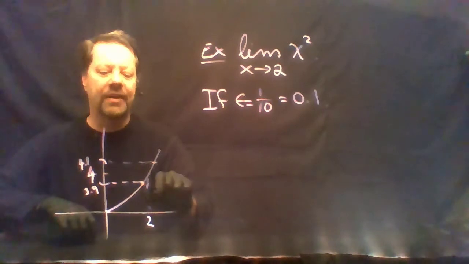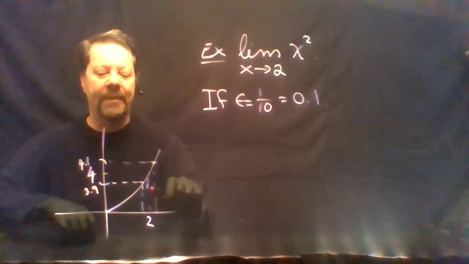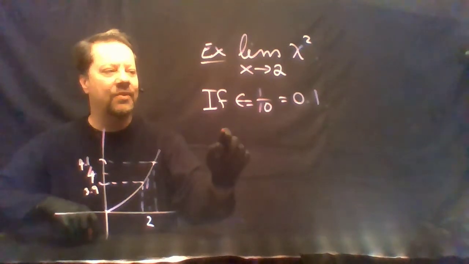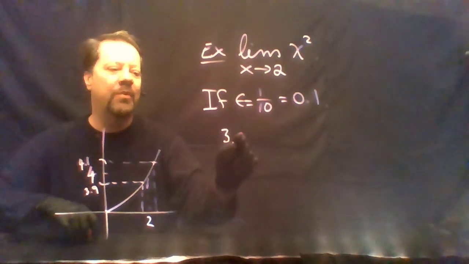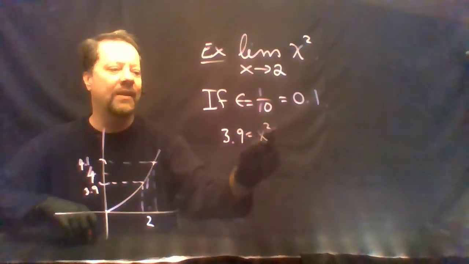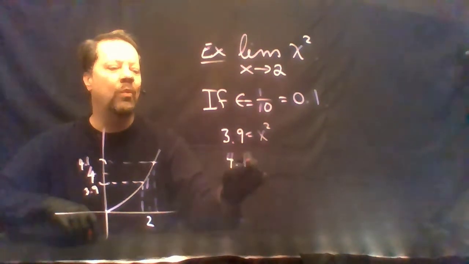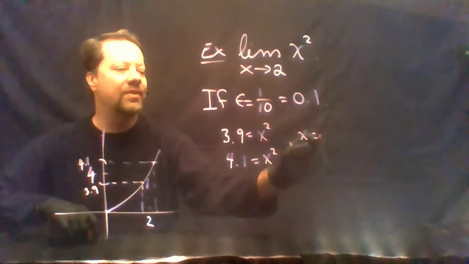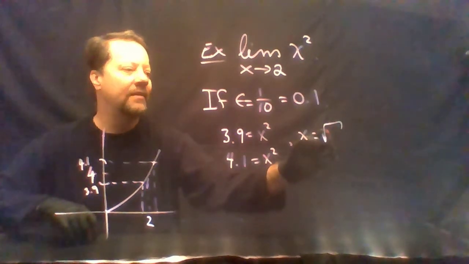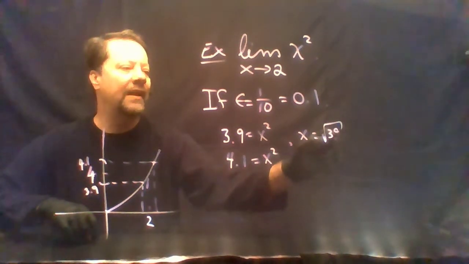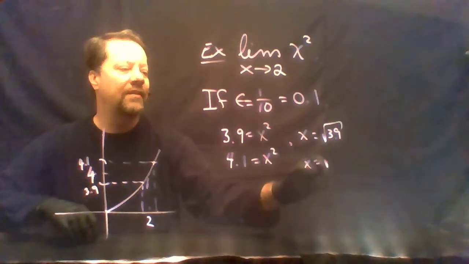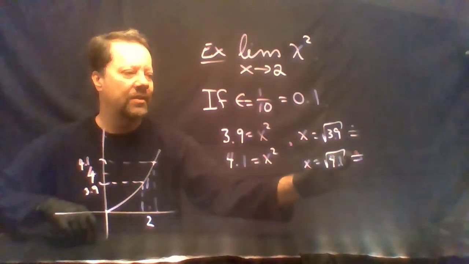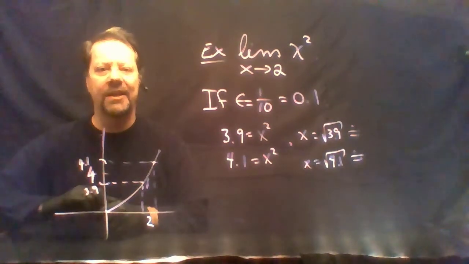Where do those track back in the domain, and how small does delta have to be now? So I need to solve the equations 3.9 equals x squared and 4.1 equals x squared. You can see x is going to be somewhere between the square root of 3.9 and the square root of 4.1. So I need good decimal approximations for those two numbers.